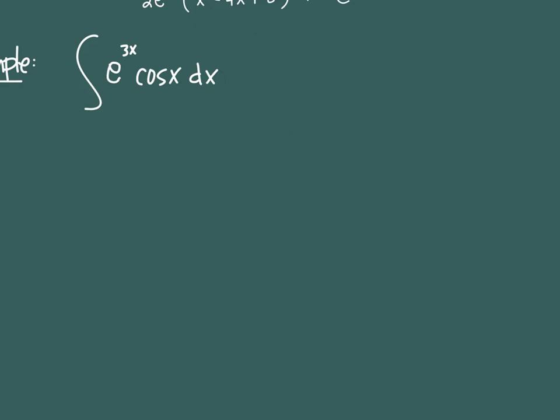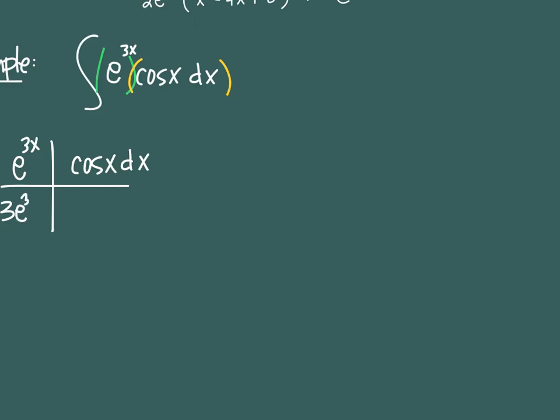E was my first one, so we're going to choose the exponential, and then we'll have everything else. Oh, this is a good one. So we've got e to the 3x chosen, which means everything else is cos x dx. Then my differential on e to the 3x is going to be 3e to the 3x dx.